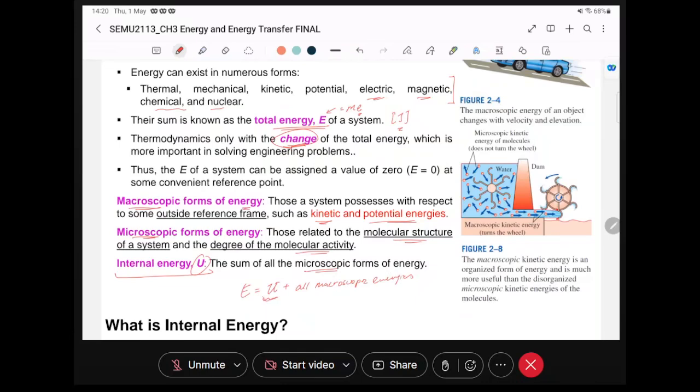Okay, so this is all the microscopic, and then we add all the macroscopic energy. So this can be the kinetic energy, the potential energy, or any other form of macroscopic energy. Okay, so E usually we write as the total, everything summed together. That's the total energy.